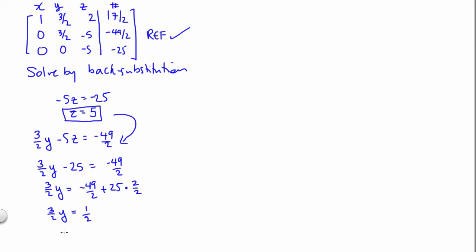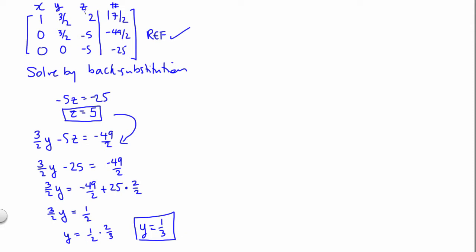All right, now multiplying both sides by 2/3, that tells us y is equal to 1/2 times 2/3, or in other words, y is equal to 1/3. So I'm going to put a box around that. We've now found the values of 2 of our variables.